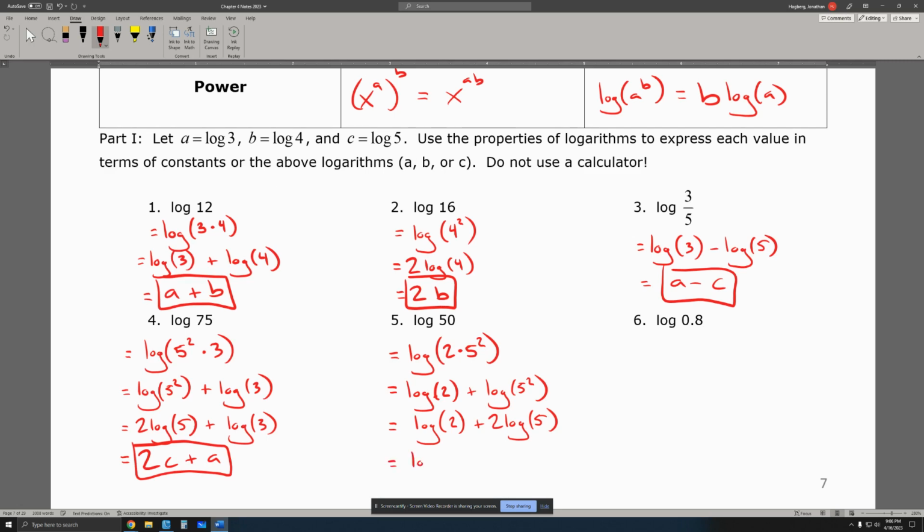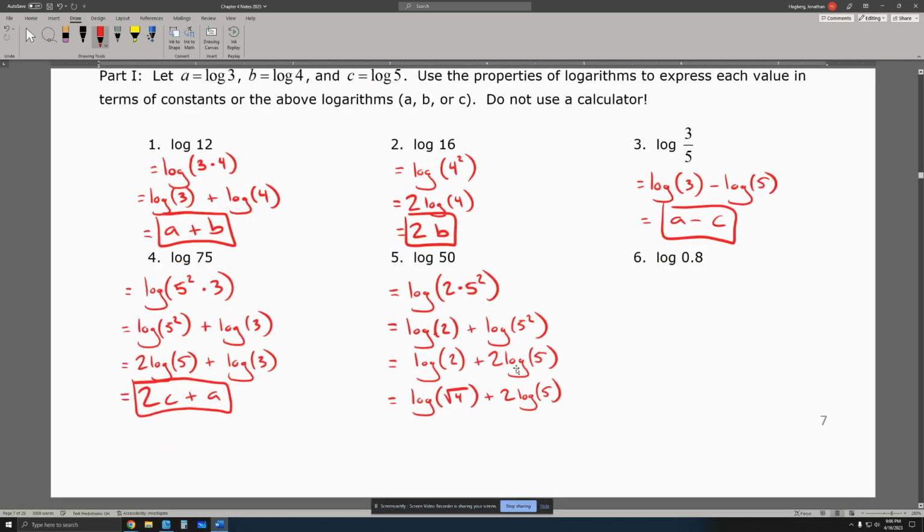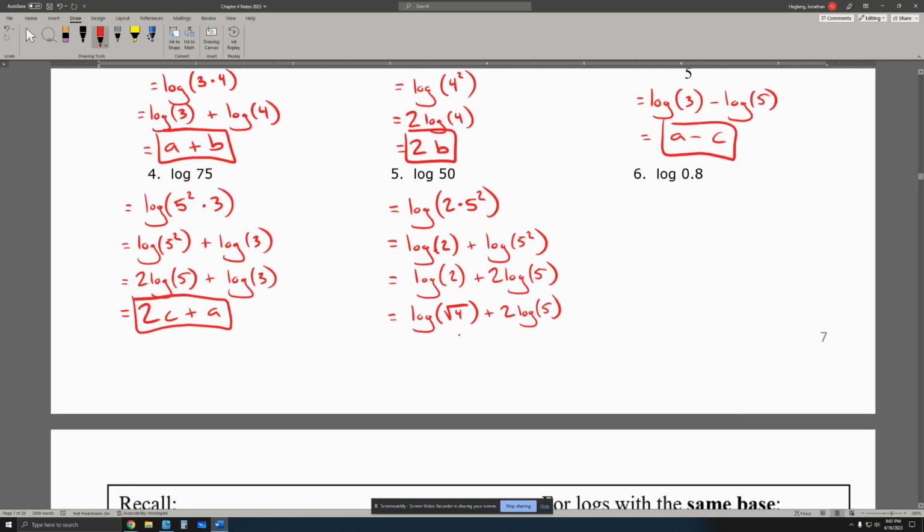All right, so this would be equal to log of the square root of 4. Okay, so we're trying to get this looking more like b. So in order to get this to look like b, I know that the square root of a number is the same as raising to the 1/2 power. So this tells me that we have log of 4 to the 1/2 plus 2 log 5. And finally, we have that power rule, 1/2 log of 4 plus 2 log of 5, which is equal to 1/2 b plus 2c.